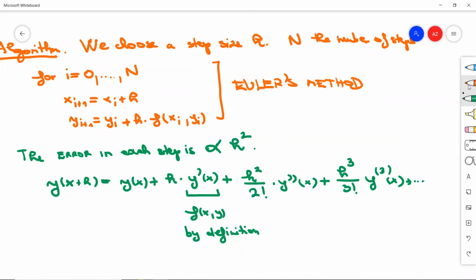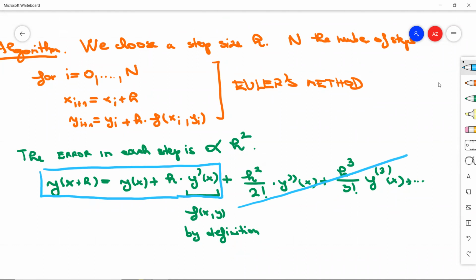And in Euler's method, we only take into account those first two summands of the Taylor series, and we forget about the rest. And this rest can be written as h squared times some constant, plus h cubed times some constant, and so on.